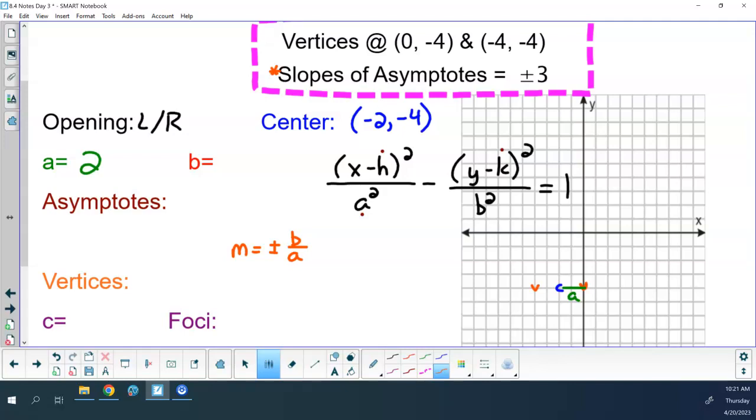Well, it told me in the problem that the slope of the asymptotes was plus or minus 3, and that's going to equal plus or minus B over A. I already know A is 2. So what number divided by 2 gets me 3? 6. So B has to be 6. See how I got that?